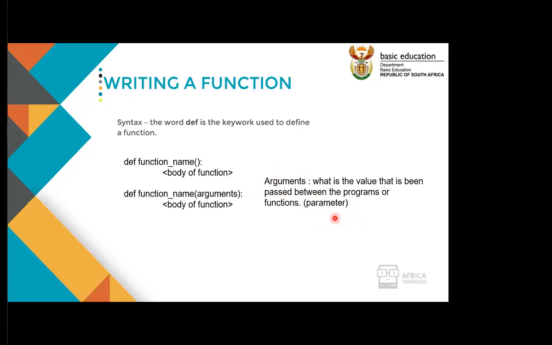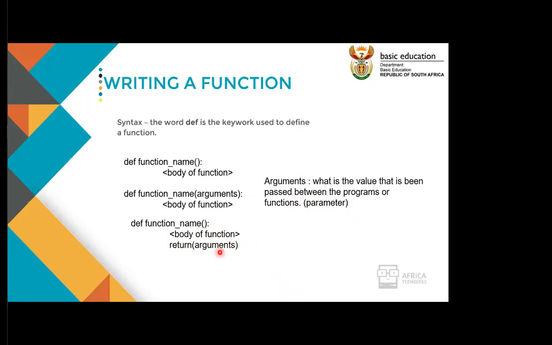So arguments and parameters, basically the same thing. Next is the third type. The third type is you defining a function name. Again, same thing as the top ones, but this time inside the body, after you do all your work, you have a return statement.